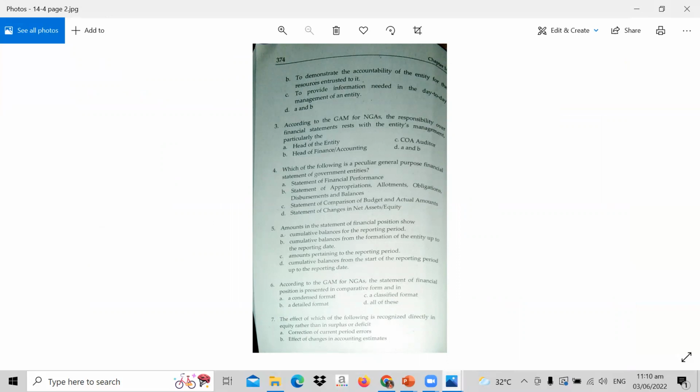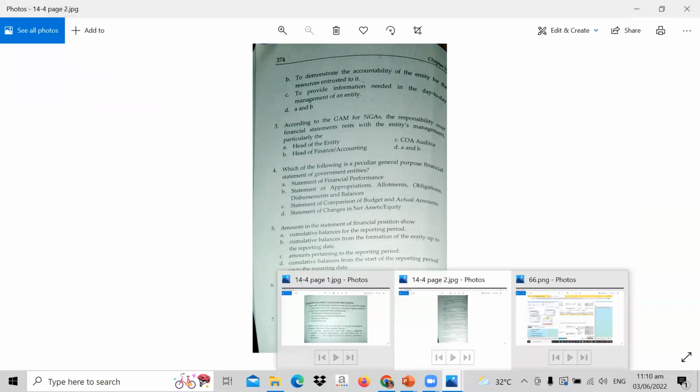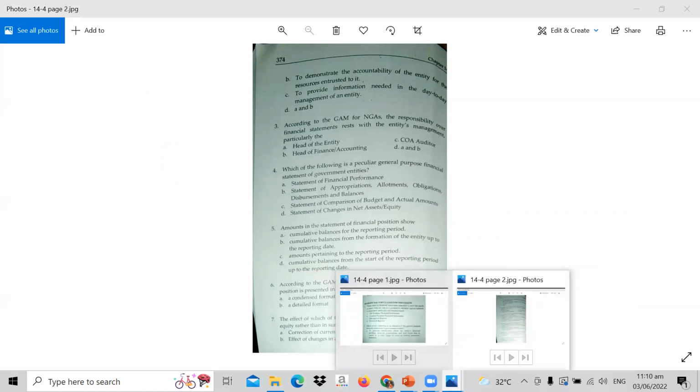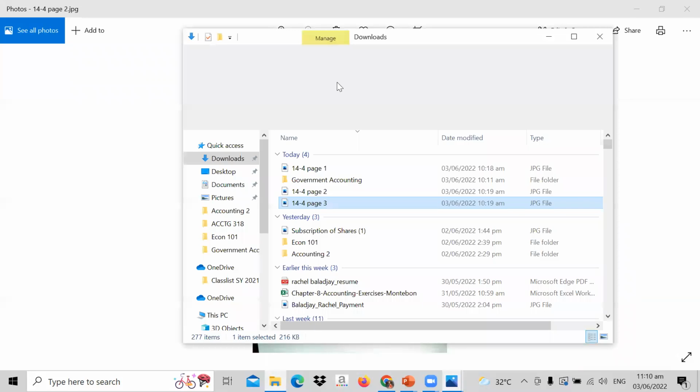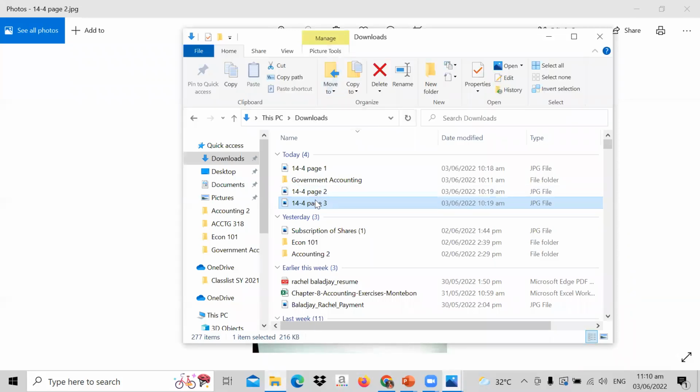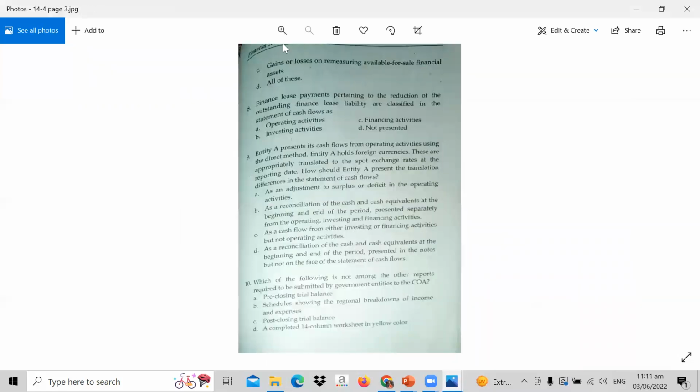So again, let me correct. Let me open that again. Okay, our answer should be gains or losses on remeasuring available for sale financial assets. Sorry for that.